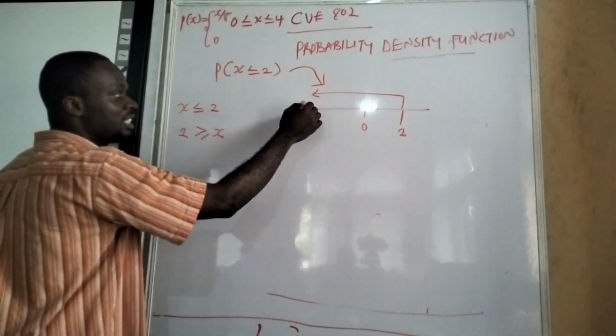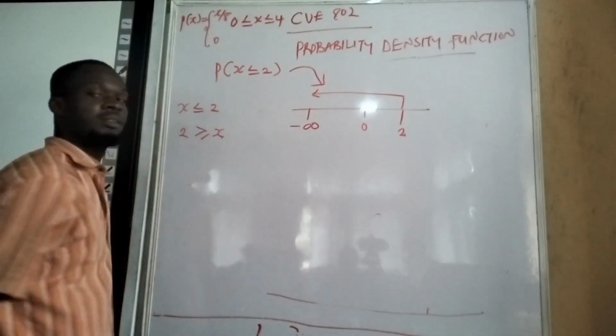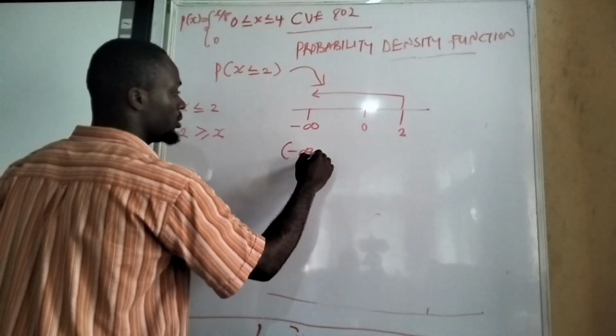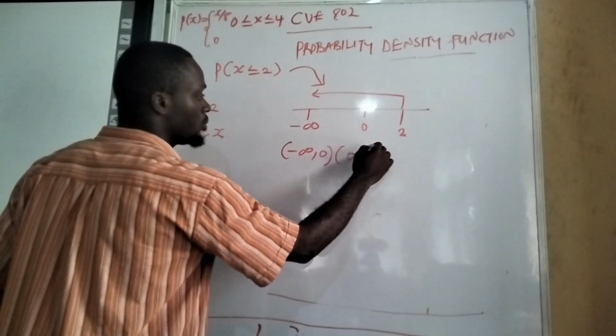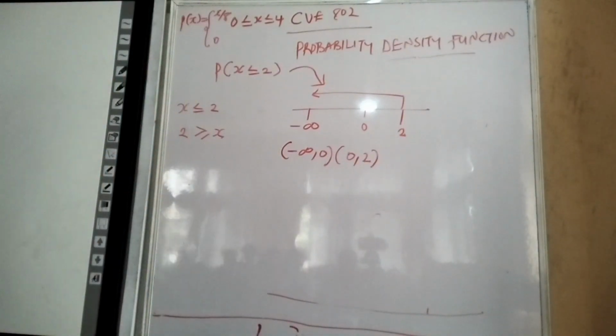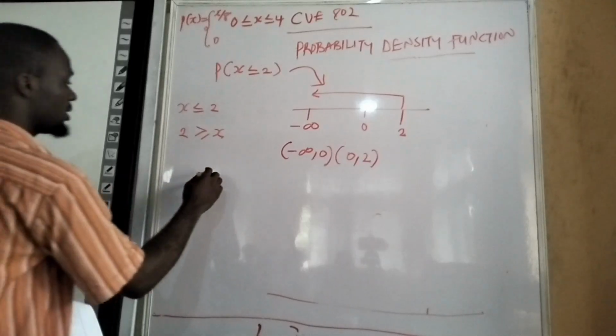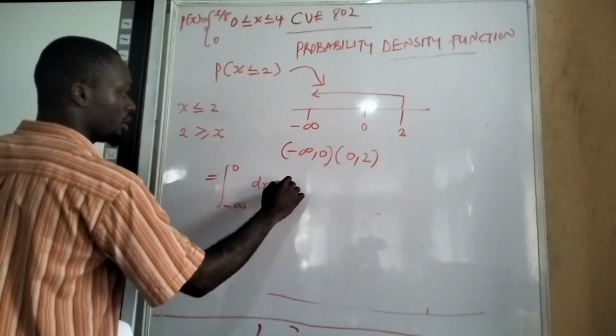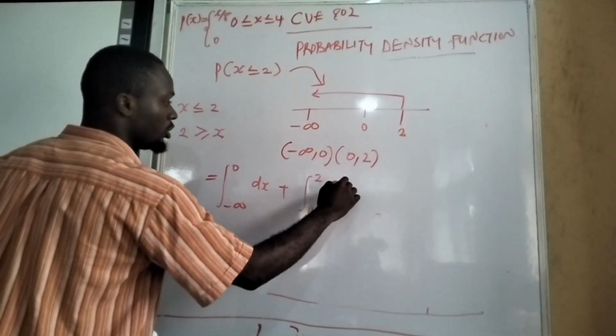It means that this is tending to negative infinity. So you have to integrate this function from minus infinity to 0, then from 0 to 2. So we'll say the integral from minus infinity to 0 of g of s plus the integral from 0 to 2 of g of s.